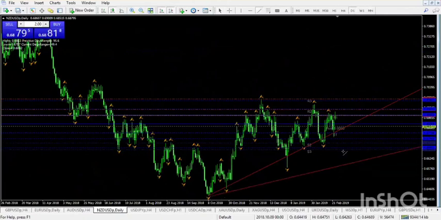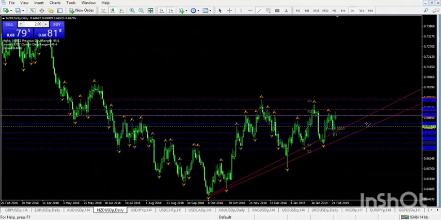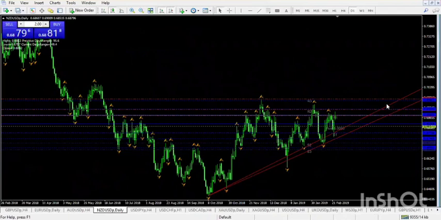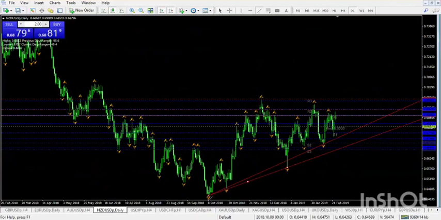In the daily time frame, this is one of the lines you can draw. I'll connect these two.